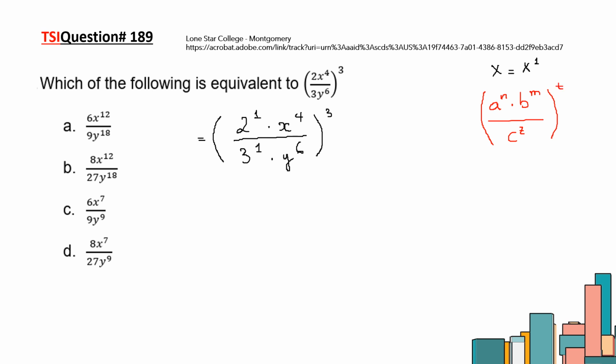We can distribute the exponent, so it can become a^(n times t) times b^(m times t) all over c^(z times t). Basically, we distribute the exponent t inside.